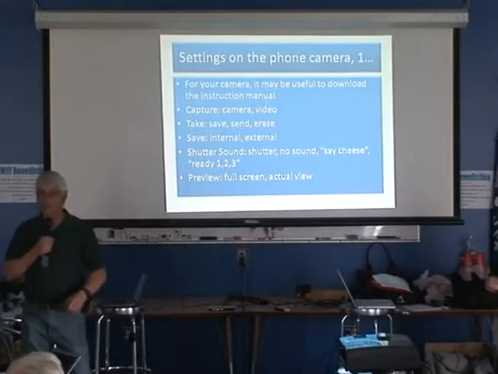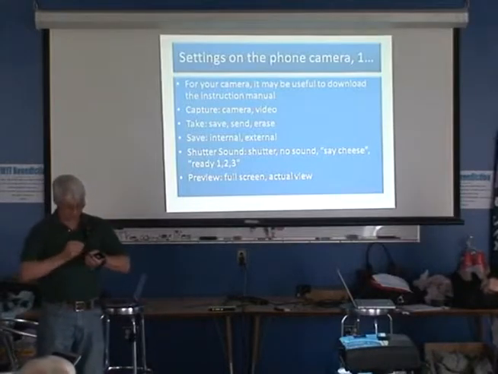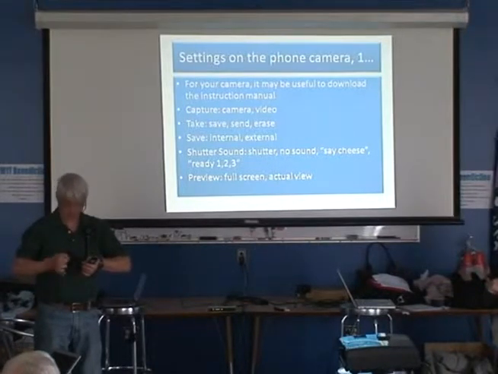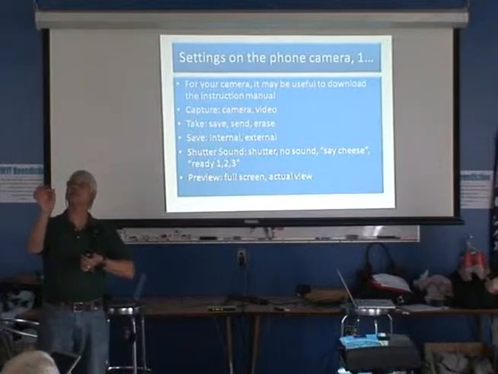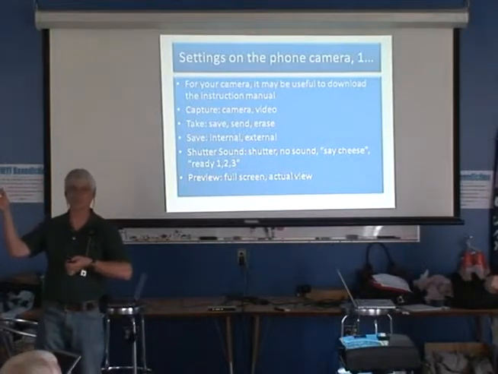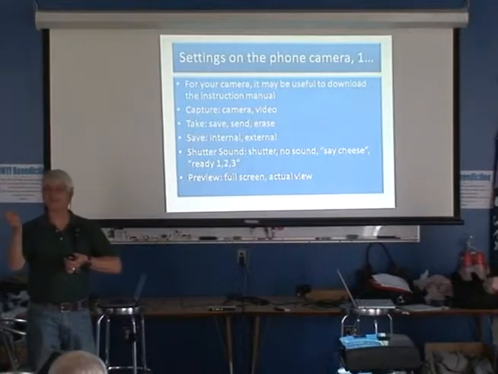Save internal or external. This particular camera has a chip in it. There's the chip. That's a 4 gigabyte chip. I could put about 2,000 pictures on there and forget that I've got them.